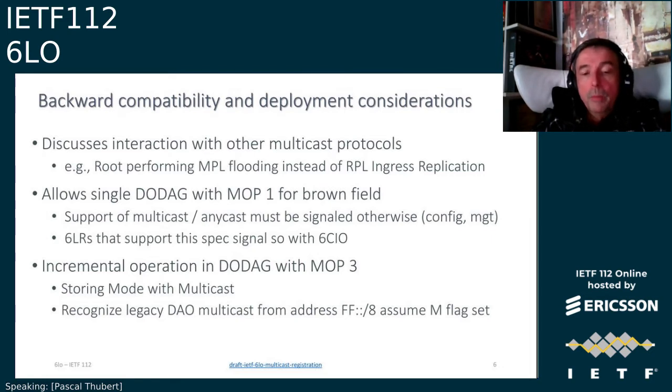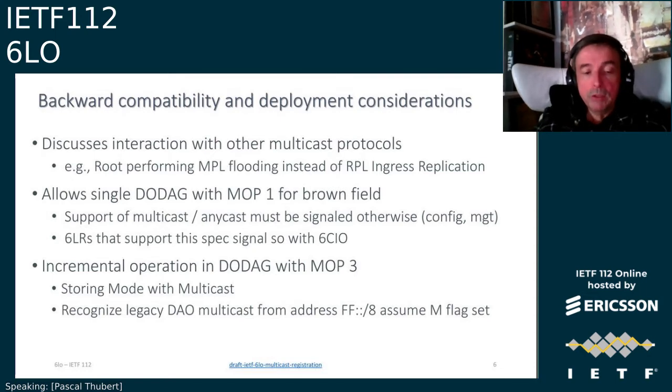So we can still operate if the 6LBR does not support multicast, which is seen by the fact that when we register multiple anycast addresses, or the same anycast address multiple times, the 6LBR will say duplicate, duplicate, even though we signal it's anycast.